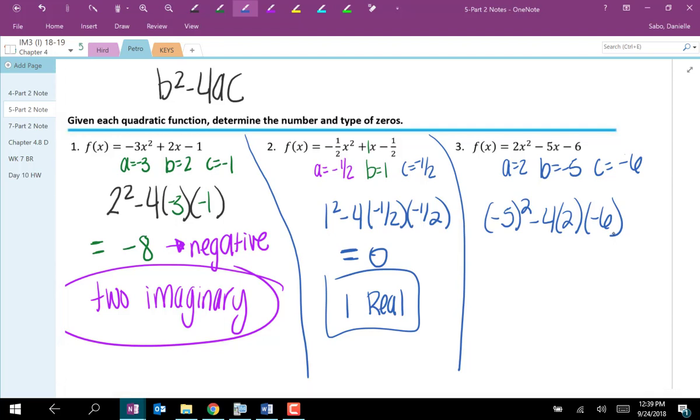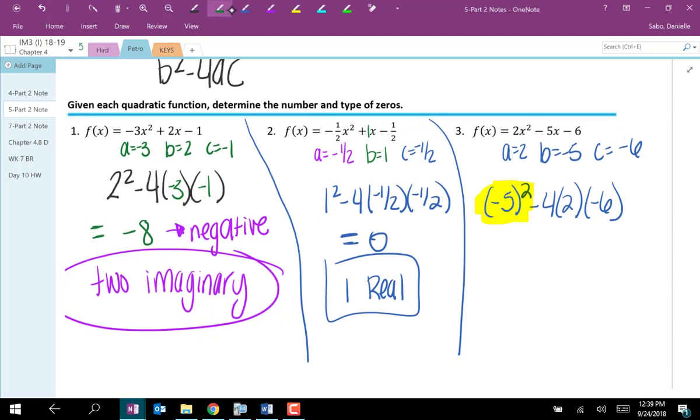A lot of people are putting -5 without parentheses. That's going to give you -25, but -5 times -5 is positive 25. So you have to be careful when you put it in your calculator. Maybe highlight that so you don't forget.